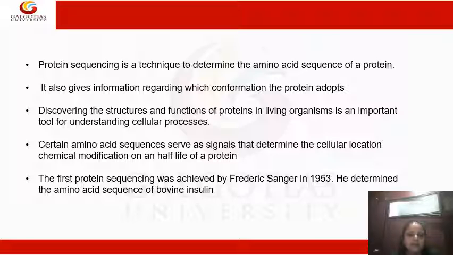Certain amino acid sequences in the protein serve as signals that determine the cellular location and the chemical modification of the protein. The first protein sequencing was achieved by Frederick Sanger in 1953. He determined the amino acid sequence of bovine insulin.